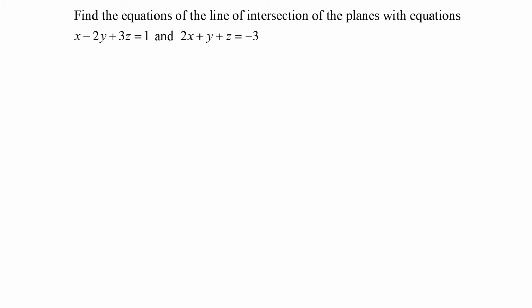For example, if you're required to find the equation of the line where two planes intersect, these are the two plane equations. To start off, you need a point on the line, and you also need the direction vector.